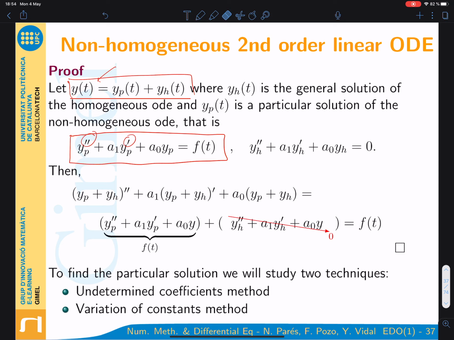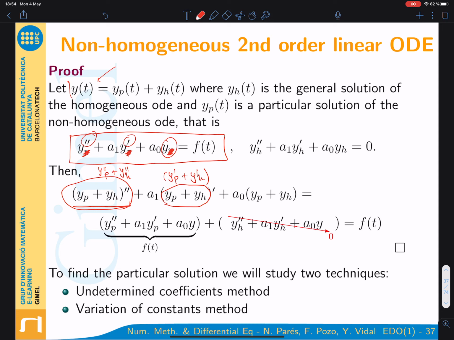I think that is very, very easy. This is just the sum of the functions. So in order to compute y prime prime, the result of this is just yp prime prime plus yh prime prime. Now, the first derivative of yp plus yh is just yp prime plus yh prime. And this is incorrect, this should be without the p.